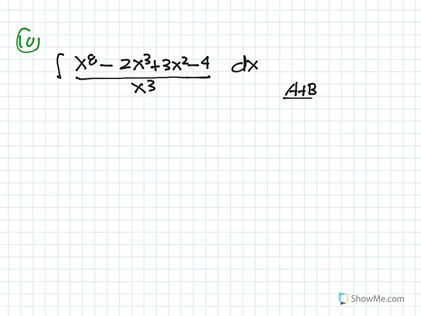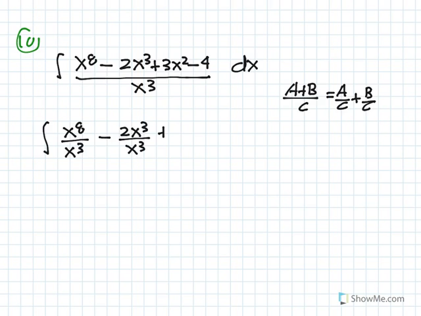A plus b divided by c is a over c plus b over c. So dividing this through, we get x to the 8 over x cubed minus 2x cubed over x cubed plus 3x squared over x cubed minus 4 over x cubed dx. Let's simplify a little bit.